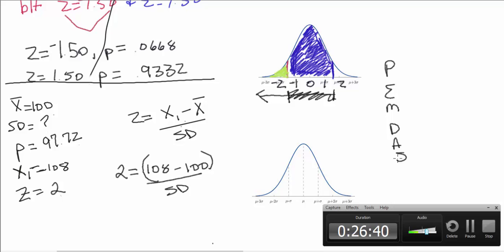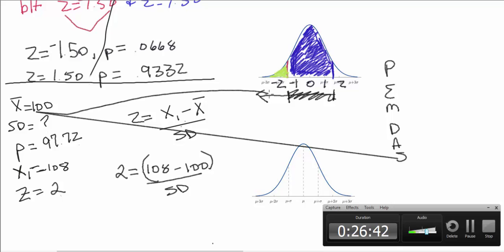Khan Academy does an excellent job going through this, telling us parentheses, exponents, then multiplication and division, addition, subtraction, so that can help you catch up there. So we have this in parentheses here, so we know 108 minus 100 is going to be 8 over our standard deviation, and then our z-score, 2, equals that.